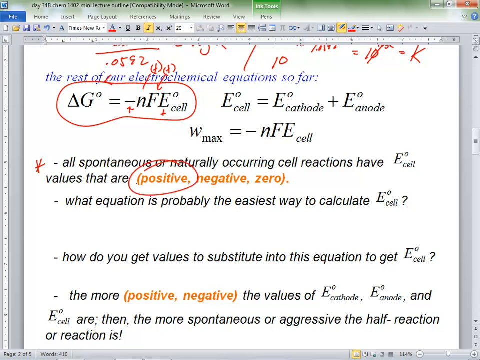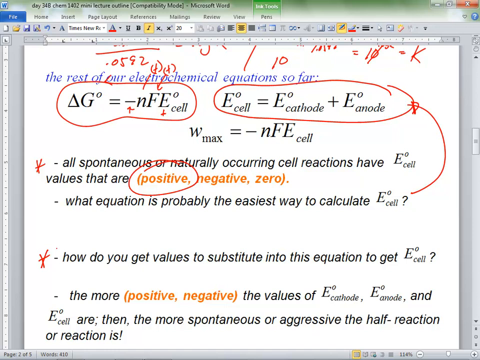Long story short, yeah. So we've got a bunch of equations here. Alyssa, which one of these is probably the easiest way to get E0 cell? You agree with her? I think so too. That's probably the easiest way. Okay, so that's going to be our game plan.